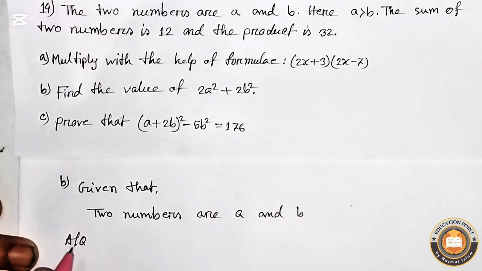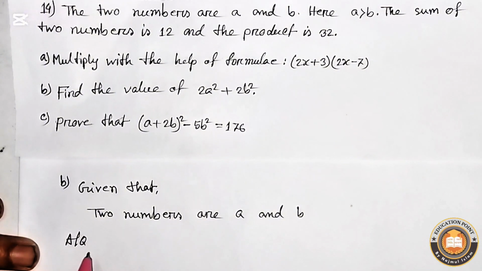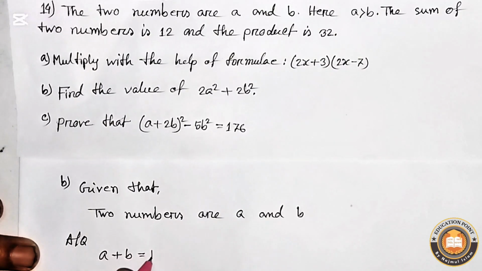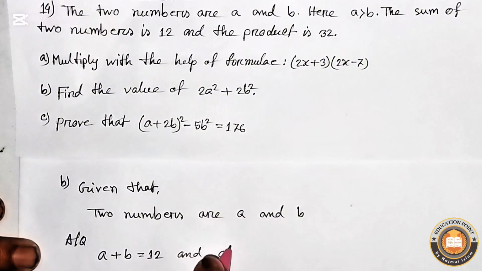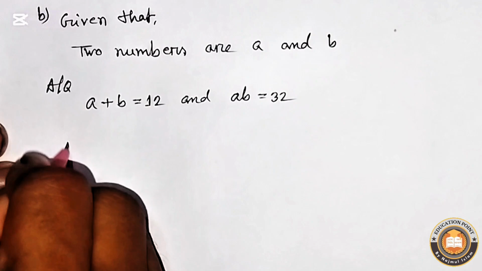According to the question, the sum of the two numbers is 12, that means a + b = 12, and the product is 32, that means ab = 32.